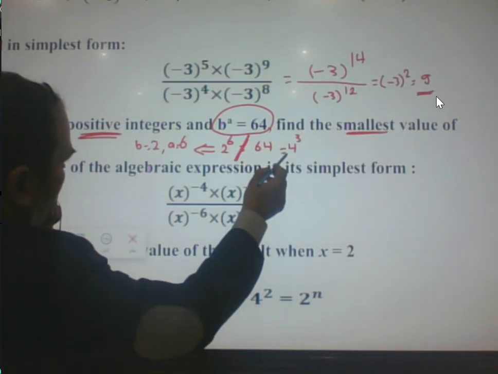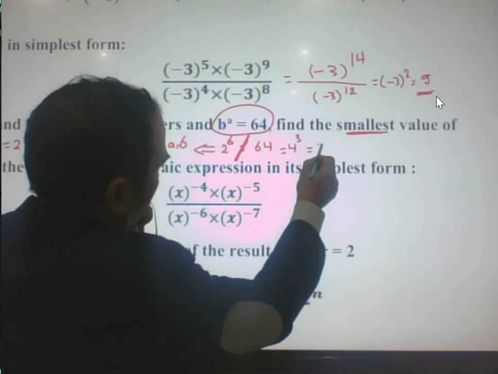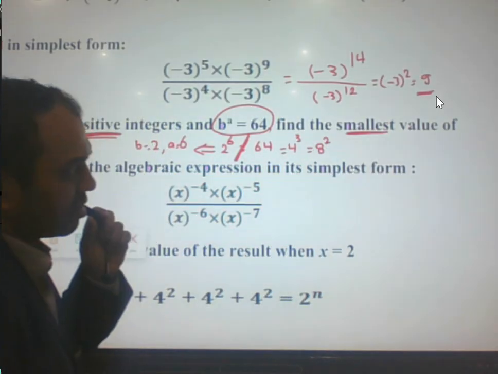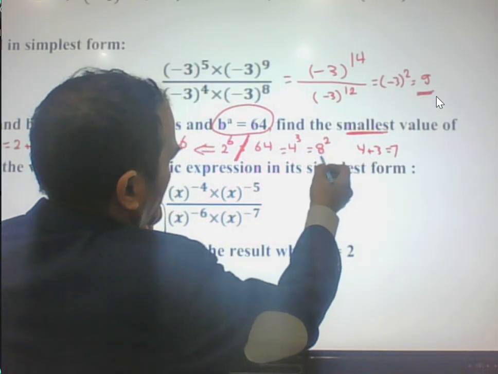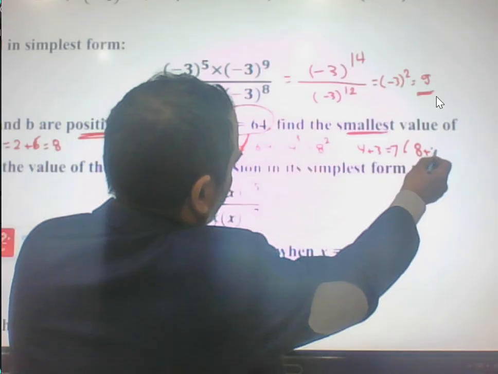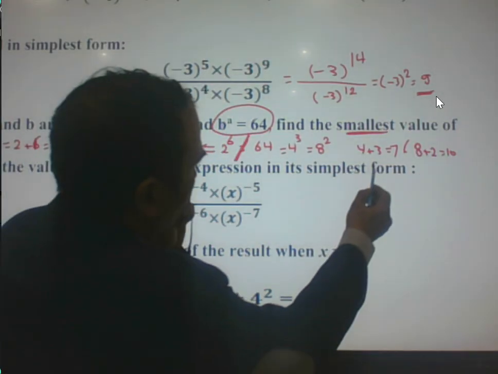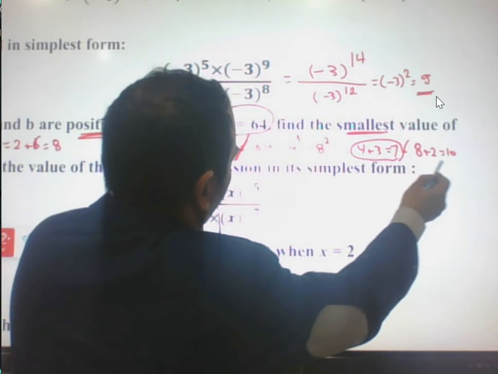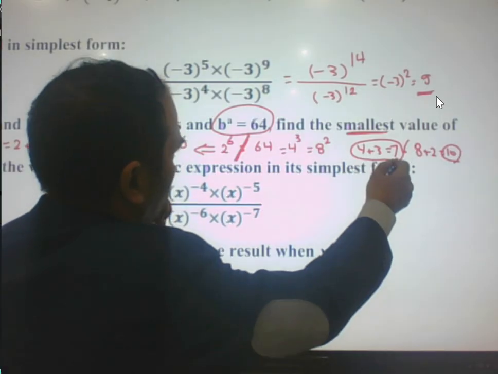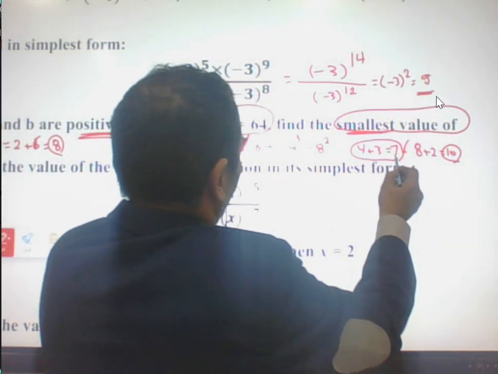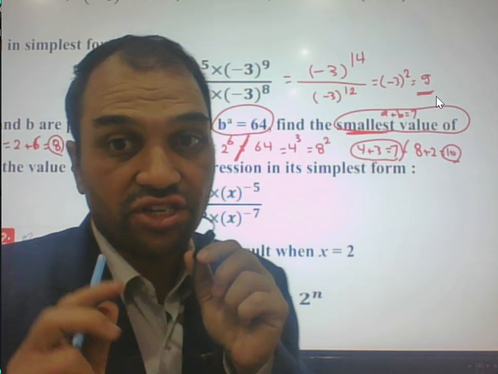And also, if we write 64 equals 4 power 3, or we can write 8 power 2. Then if we add together, 4 plus 3 equals 7, and 8 plus 2 equals 10. Then he asked about the smallest value. The smallest value will be what? It will be 7, because 7 is less than 8 and less than 10. So the smallest value will be, right, a plus b equals 7. He asked about the smallest value.